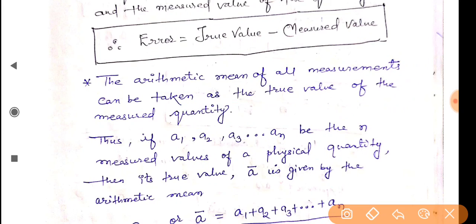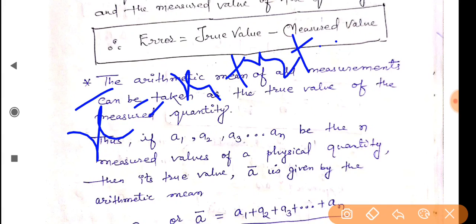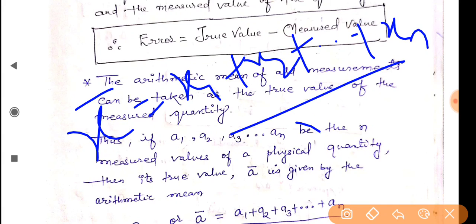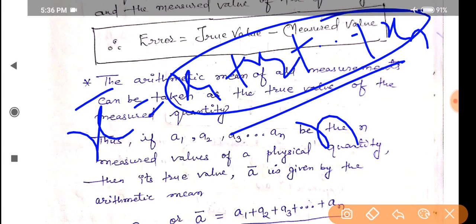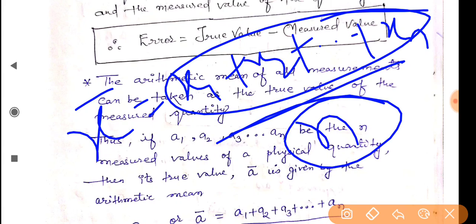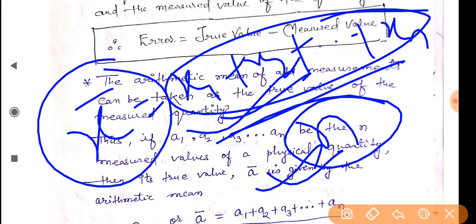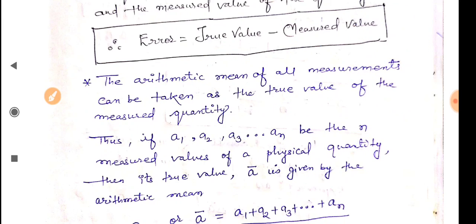Mean x bar is equal to x1 plus x2 plus dot dot dot xn whole divided by n. That means sum of observations divided by number of observations. Whatever value you get from here will be considered to be the true value of the measured quantity.